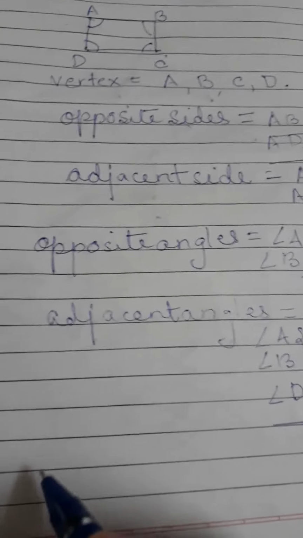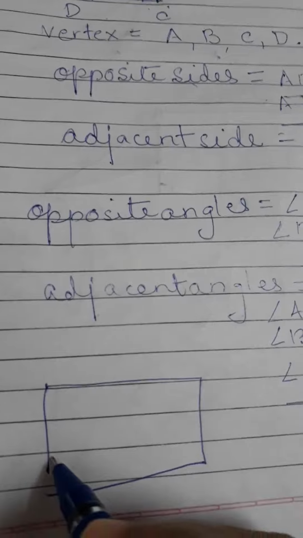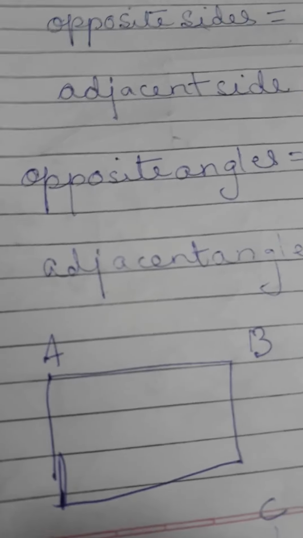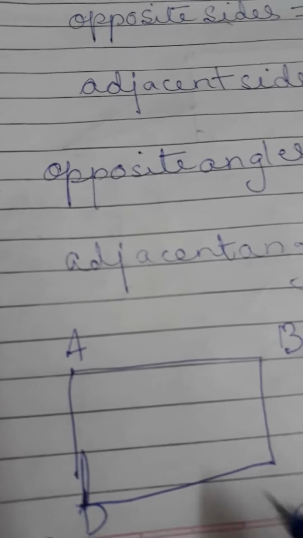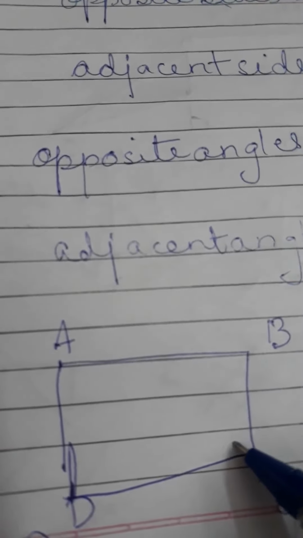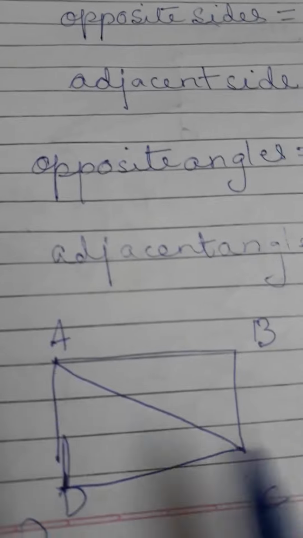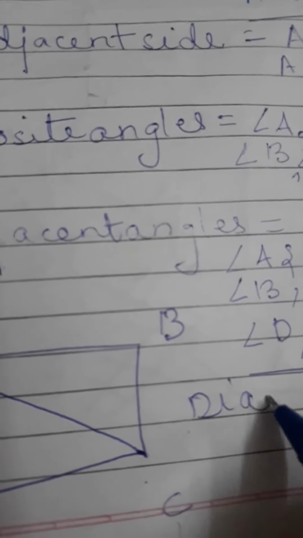There is another term. Let me draw one more quadrilateral. Now A, B, C, D. This is D, sorry, D. Now when we join opposite vertices, we get a line that is AC. This is known as a diagonal. It is a new term.